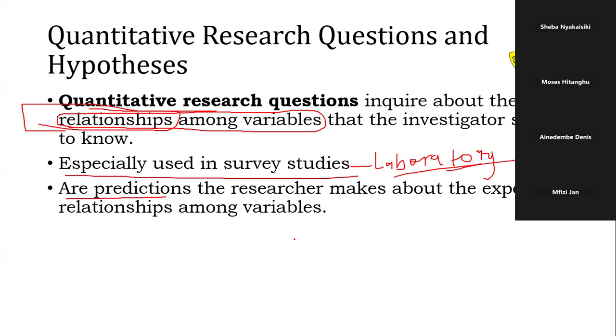The researcher is making a prediction about the expected relationship among variables. The example I've just given you, what I expect to be the relationship between age and perceived usefulness and ease of use. I'm not saying what it is, but I'm making a prediction, then going out to test.